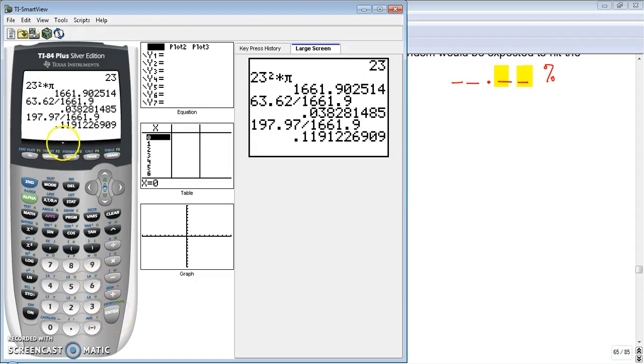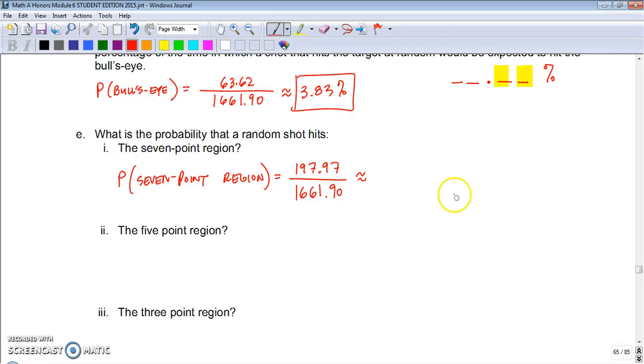Move the decimal point 2 places to the right, and in doing so I will need 2 more decimal places, and I'll be looking at this 2 to decide whether I round up or keep it as is. I'm going to keep it as is, so my percent would be 11.91%.